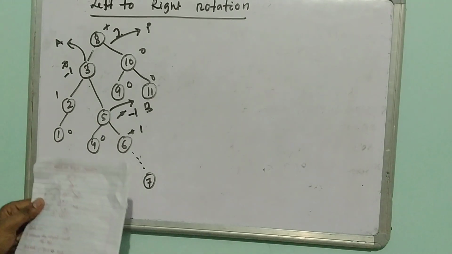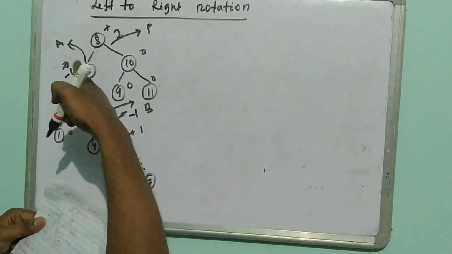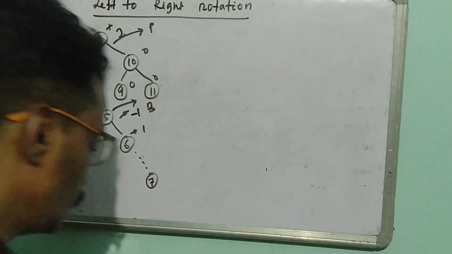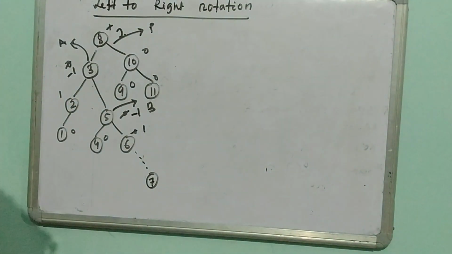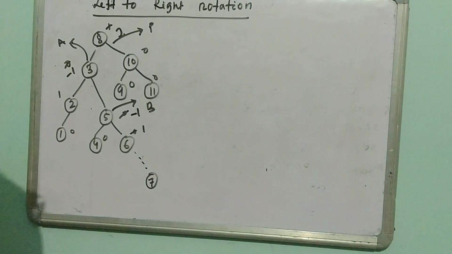So we are having the P and we are having the A. So we are making certain equations for it. A little bit complicated equations are there.